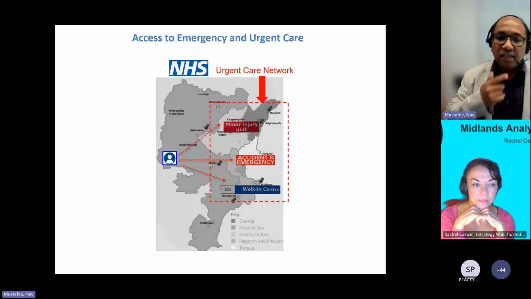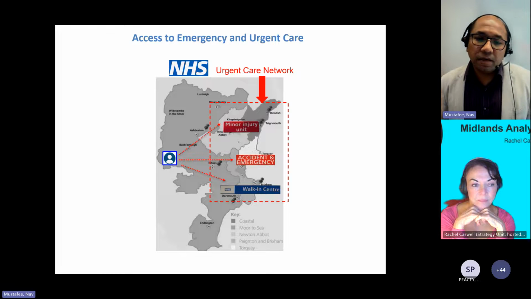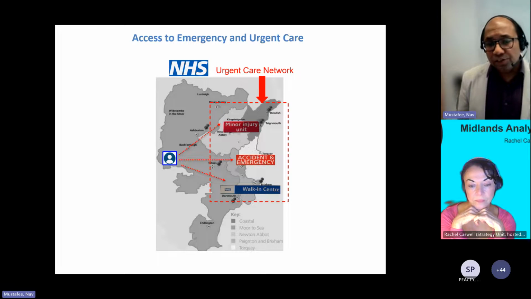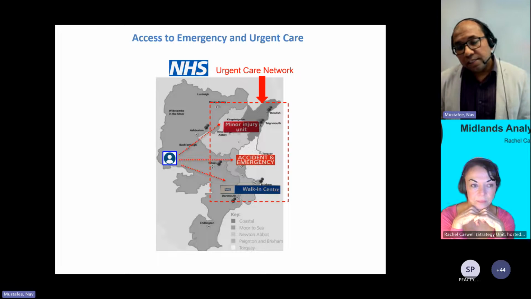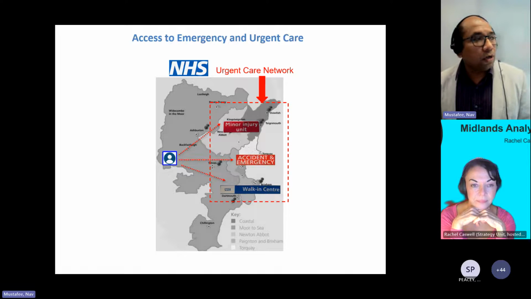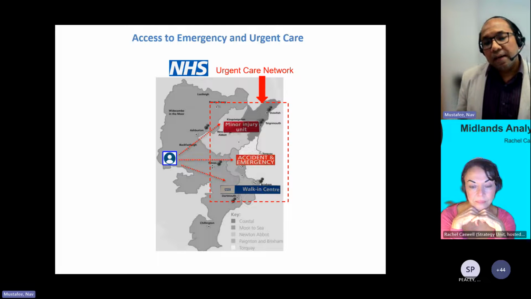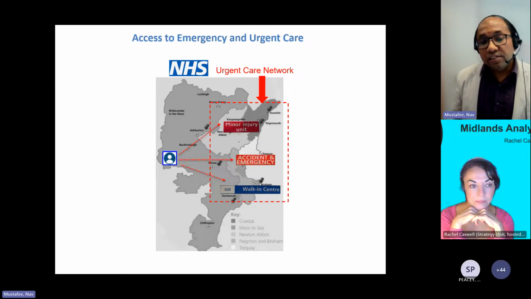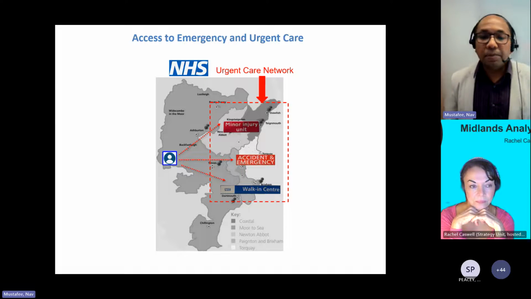But there are also, dotted around the catchment of a trust, minor injury units, urgent care centers, walk-in centers, and so on. They are all non-appointment based, but the idea is that people who require emergency care go to the A&E department.